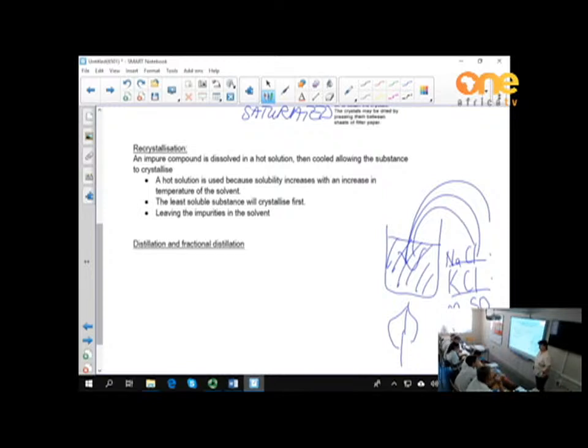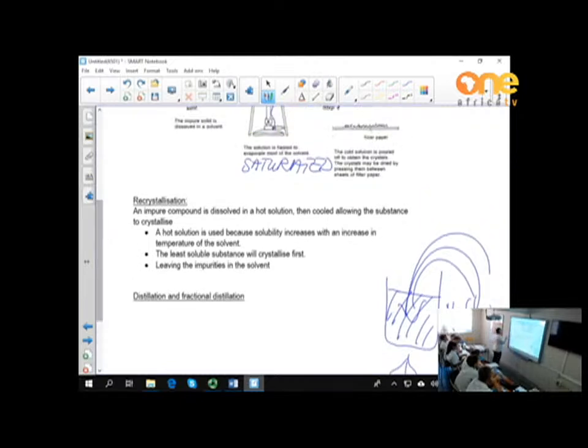Okay, so crystallization and recrystallization. Recrystallization, an impure compound is dissolved in a hot solution, or two or more substances are dissolved in a hot solution. Then they are cooled, allowing the substances to crystallize.